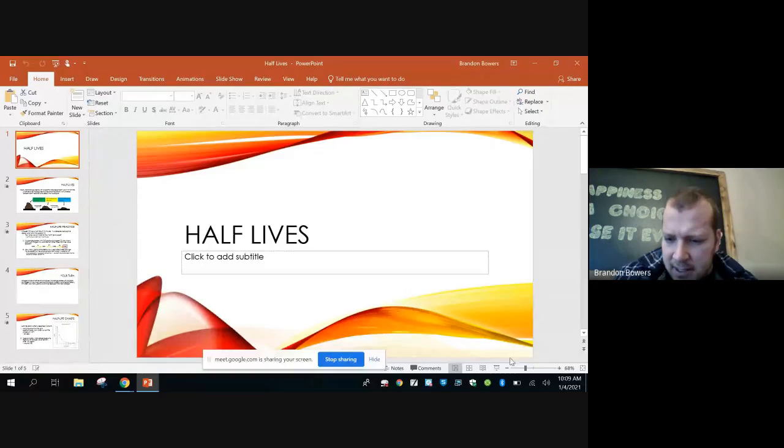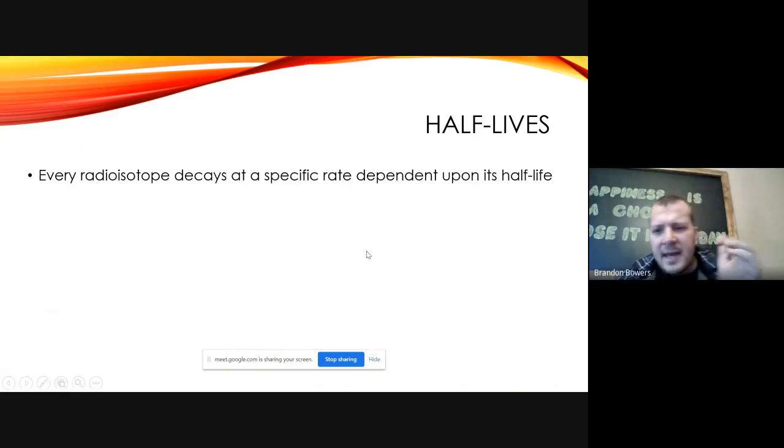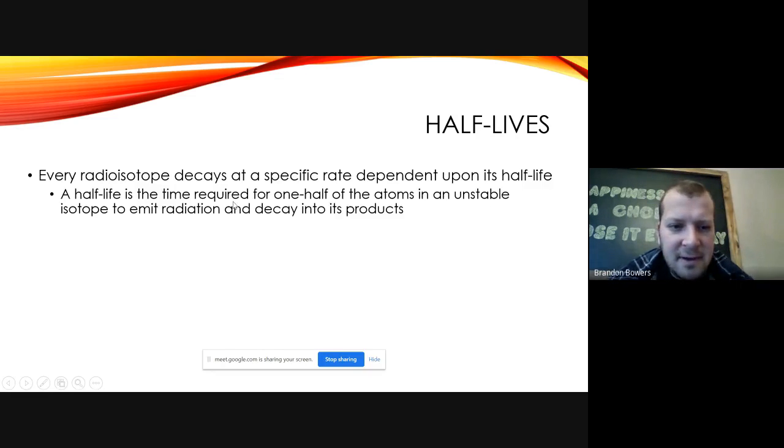All right, so half-lives. Every radioisotope decays at a specific rate. A half-life is how it decays, and it decays based on the half-life. This is the definition: a half-life is the time required for half of the atoms in an unstable isotope to emit radiation and decay.